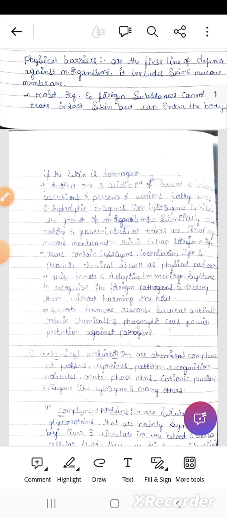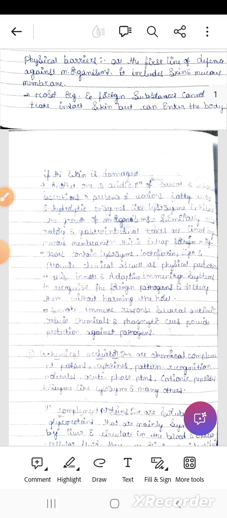Similarly, the respiratory and gastrointestinal tracts are lined by mucous membranes, which entrap foreign microorganisms. Tears contain lysozyme, lactoferrin, and IgA antibody and provide chemical as well as physical protection.